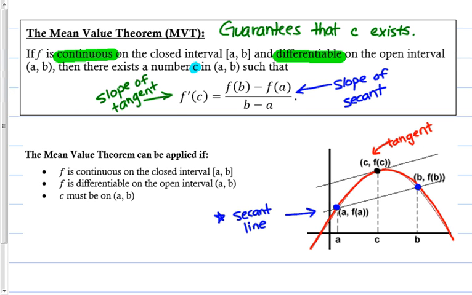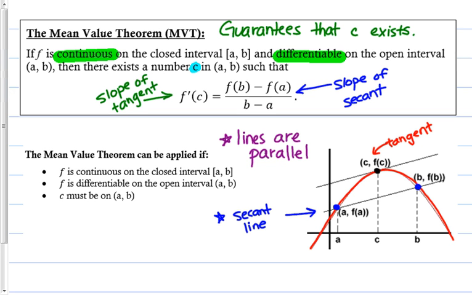Okay, so another thing is having the same slope means that these two lines are parallel, right? Okay, so somewhere the slope of the tangent is equal to the slope of the secant.